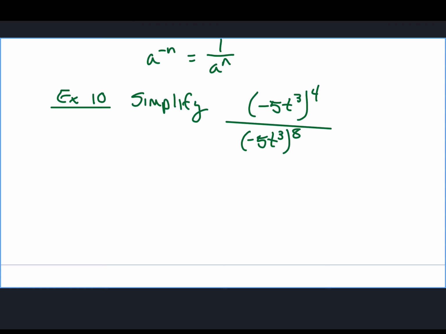So, what rule do we want to use? What rule do we want to use first?